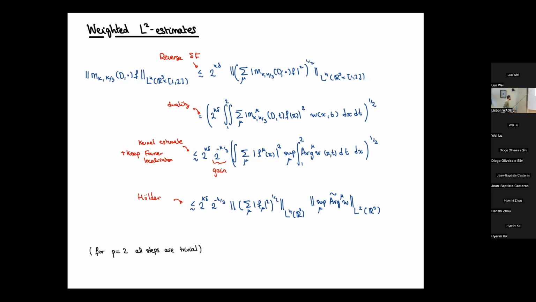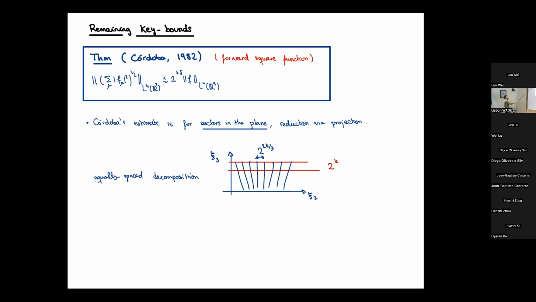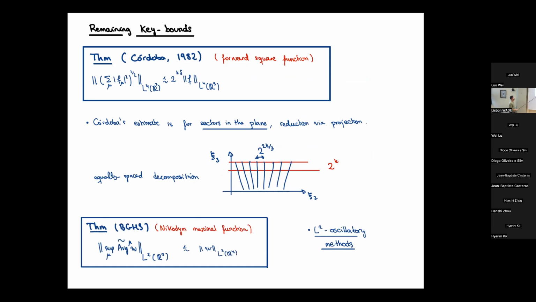This square function, to put pieces together, is a classical result of Córdoba. And for this maximal function, because it's L2 and not Lp, one can use Fourier methods, and it can be treated with standard results in the literature that I'm not going to comment on.